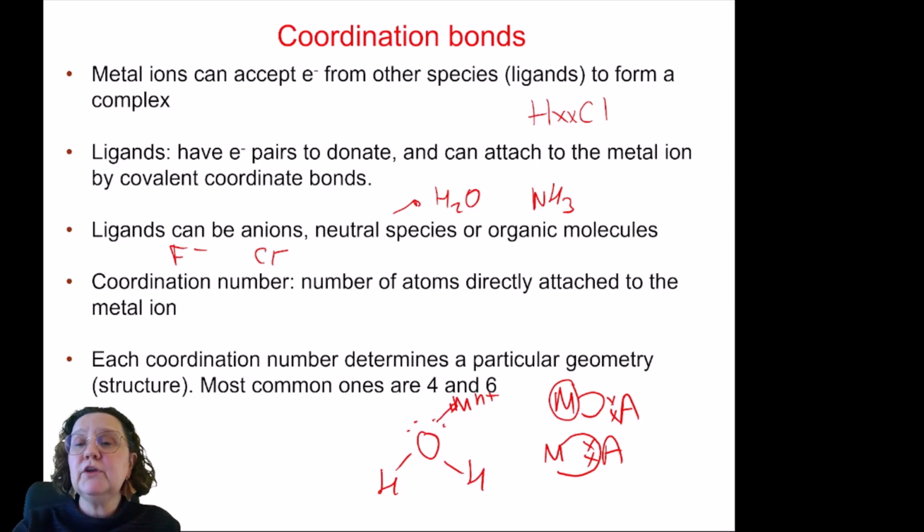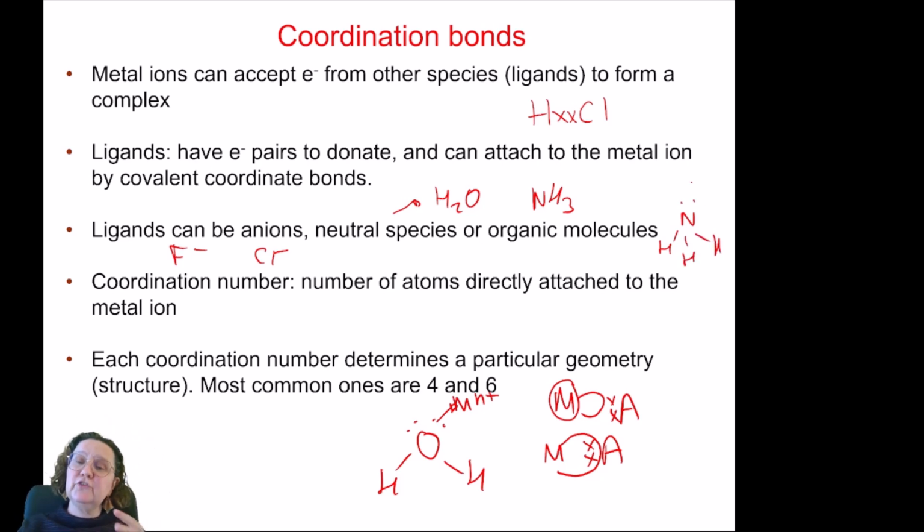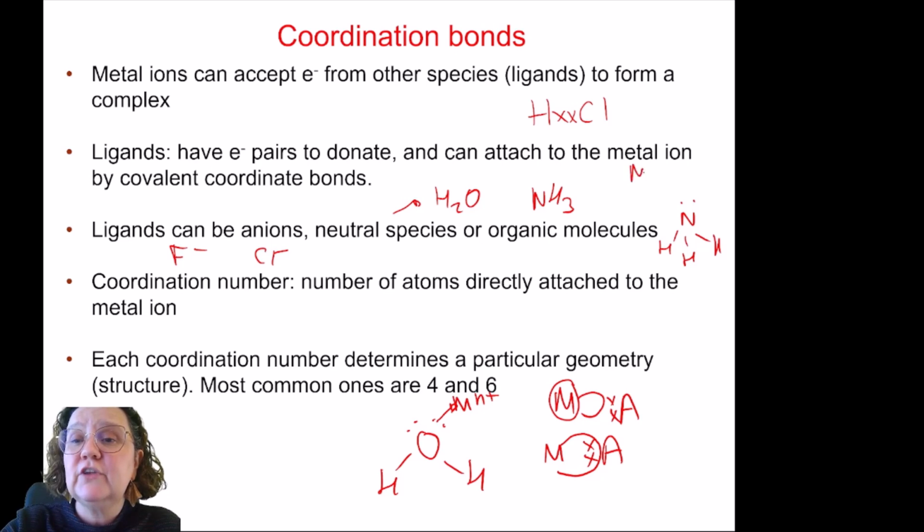The same with the molecule of ammonia. I drew it in a previous slide and told you it has this shape because there are two electrons in the outer shell of nitrogen that are not being used for a bond. They're just there doing nothing. So that nitrogen has electrons to donate.